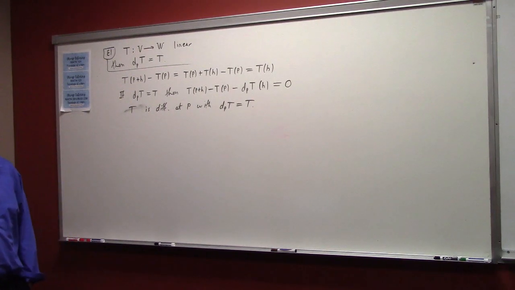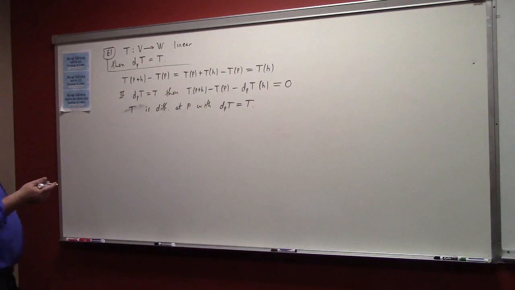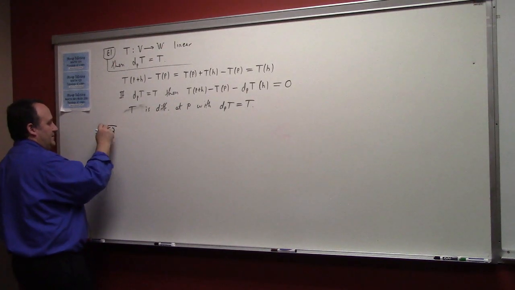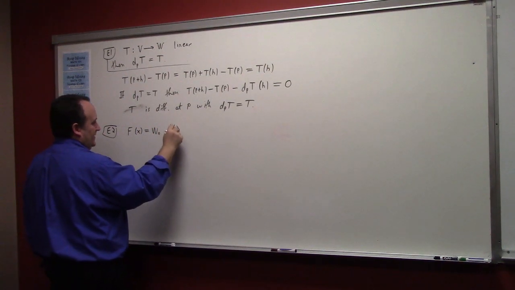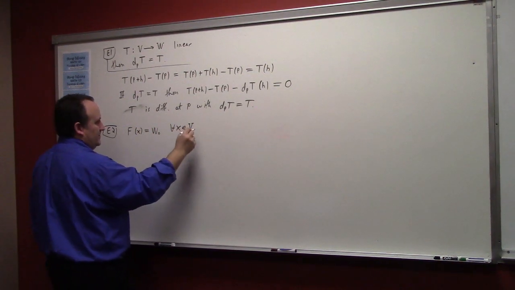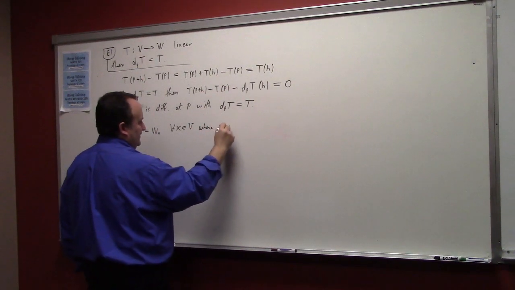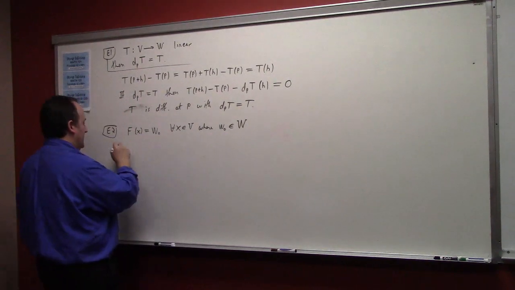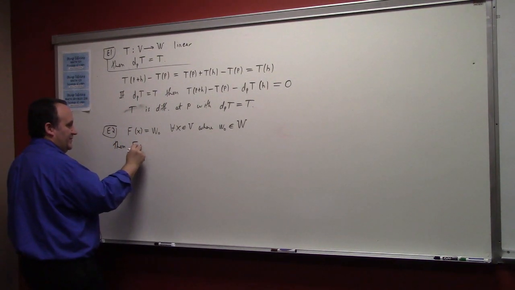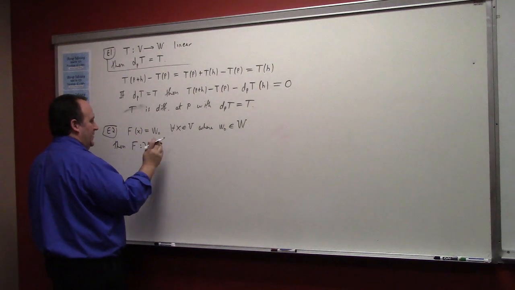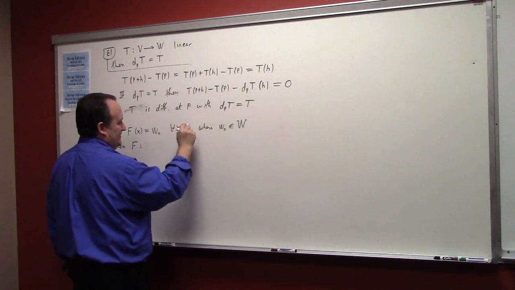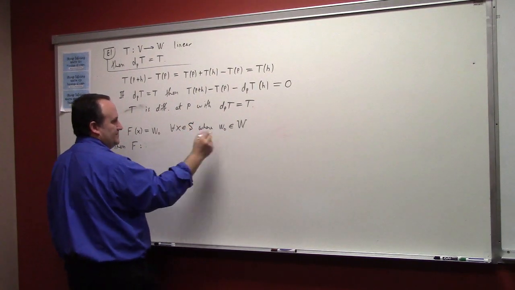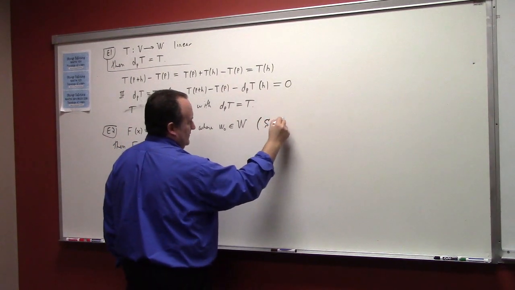Another thing you could easily prove is that the differential of a constant function is 0, right? I won't even write out the details, but if I had f of x equals w naught for all x in vector space V, where w naught is a fixed element of the vector space W, then for f defined from the vector space V to W, and by the way, I don't have to have f defined from V. I could say for all x in S, where S is some subset of V. Certainly I could do that.